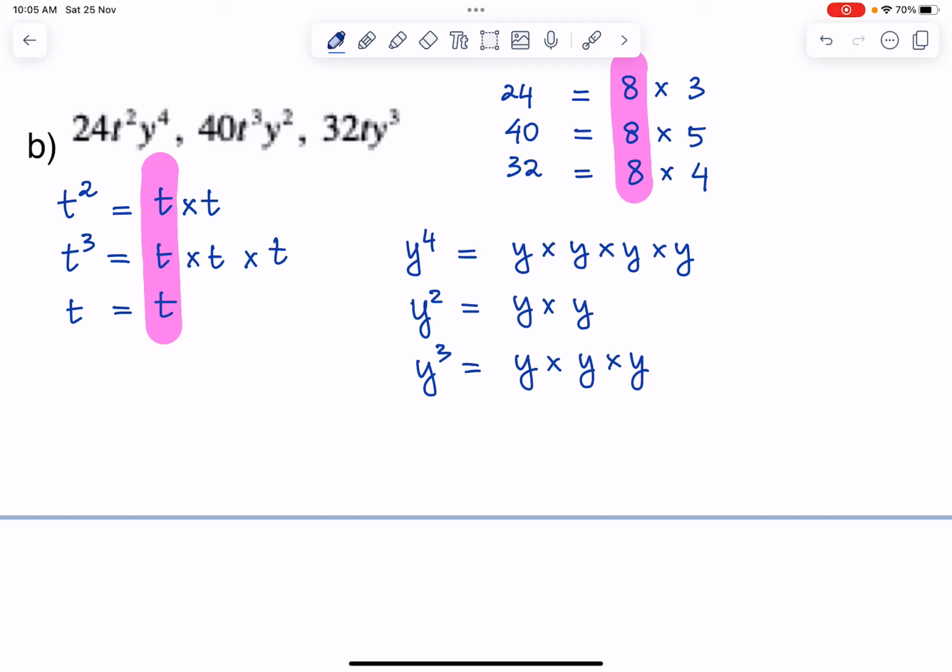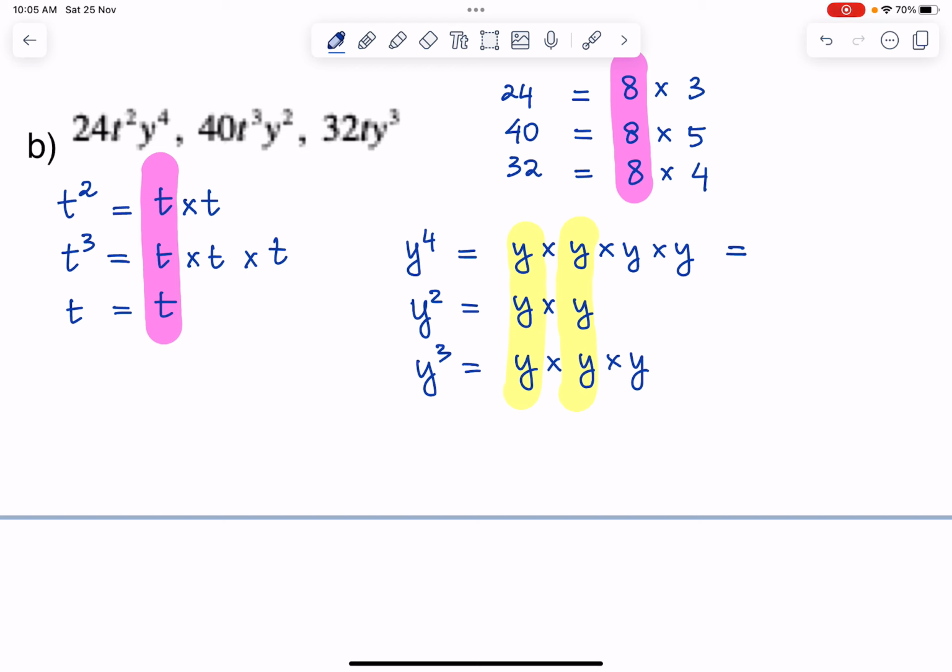So we have two components of y that they have all in common, right? Let's use a different color maybe. We are talking about this y squared. So y times y is actually what they have in common.